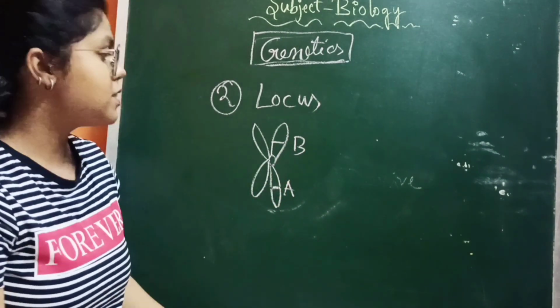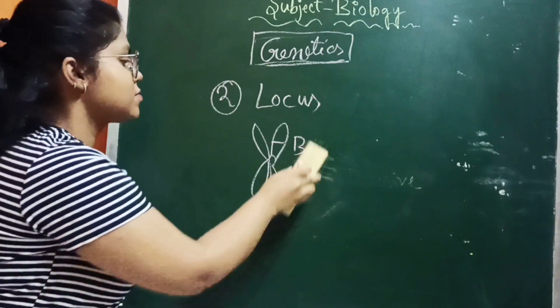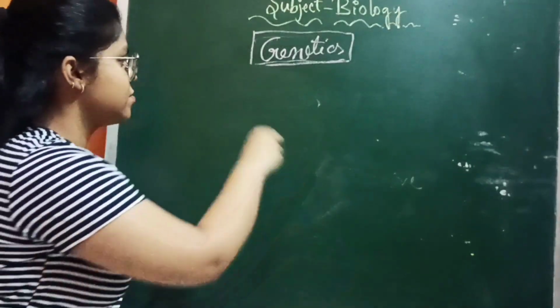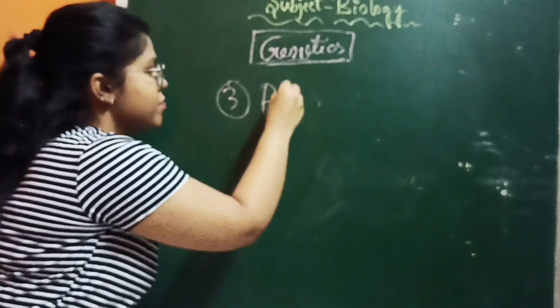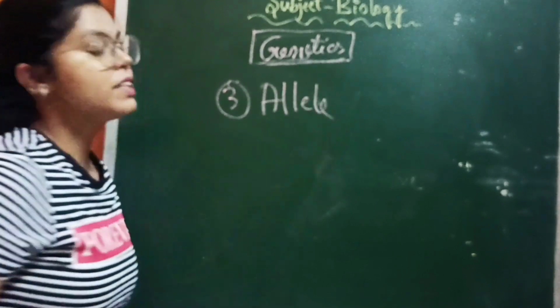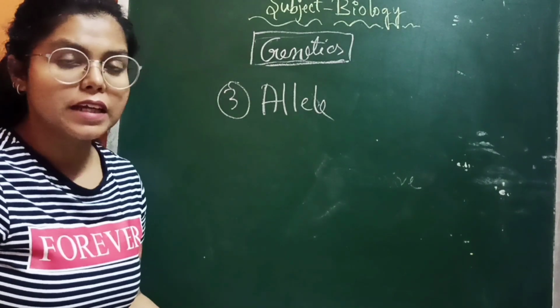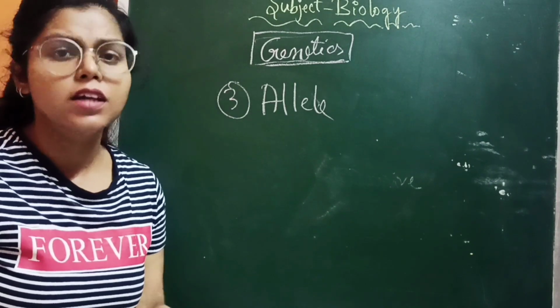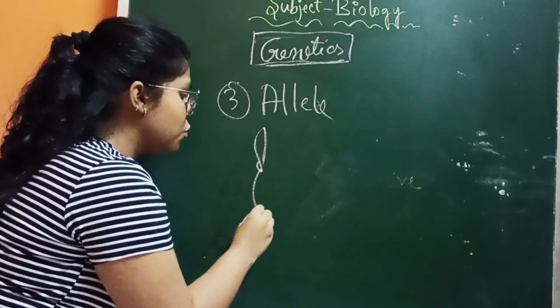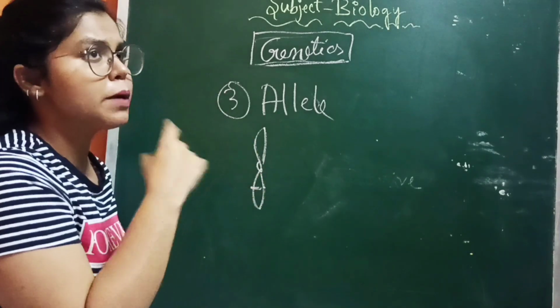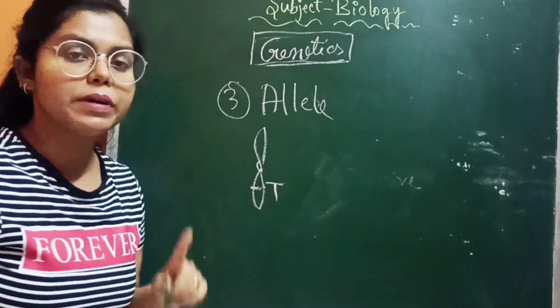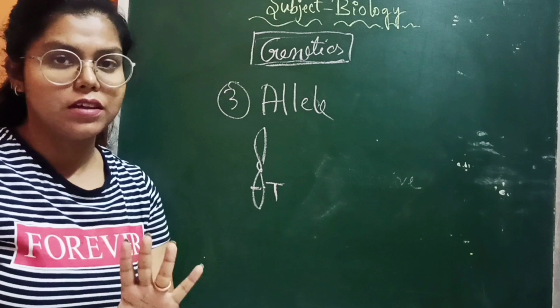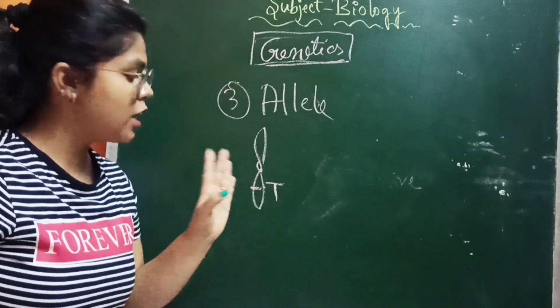Right? Next terminology is allele. What is an allele? Firstly, the two alternative forms of a gene are known as alleles. Suppose in a chromosome, one gene, capital T, is present.